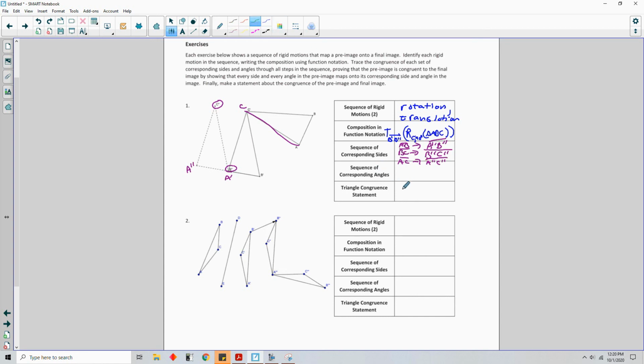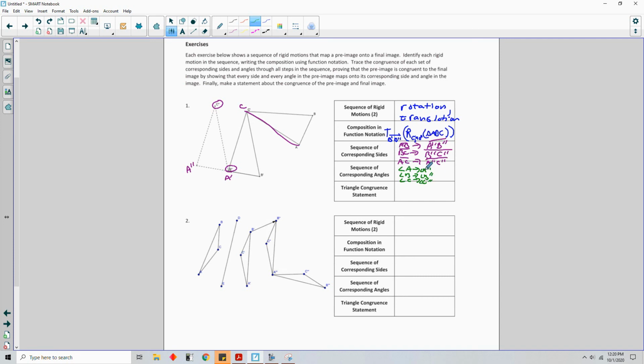Sequence of corresponding angles. Let's change color because I'm running out of space here. So angle A became angle A prime, and then it slid over to A double prime. So angle A became angle A double prime. Angle B and angle C became B double prime and C double prime respectively.